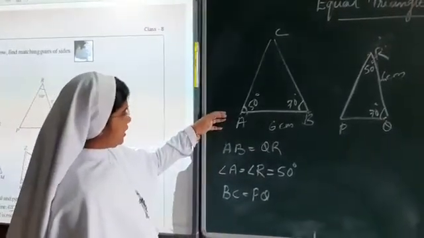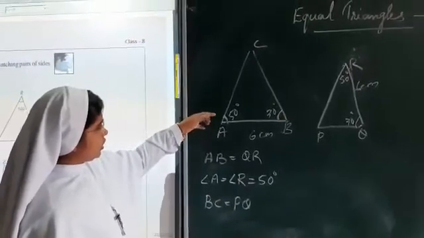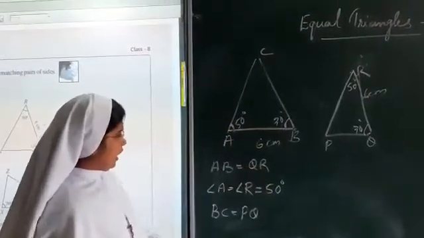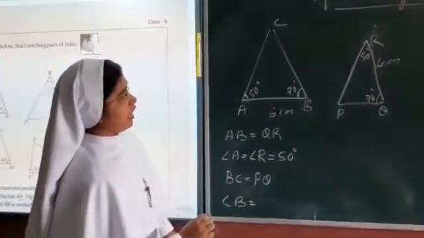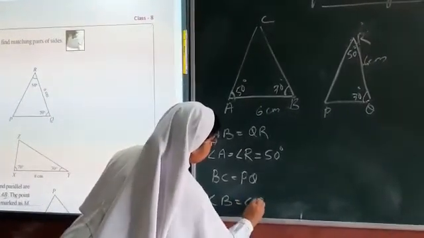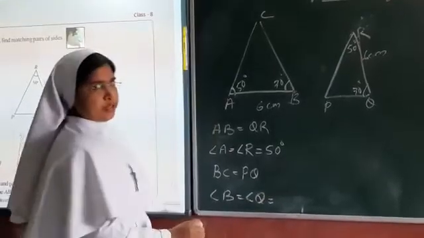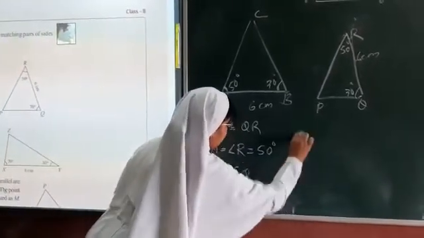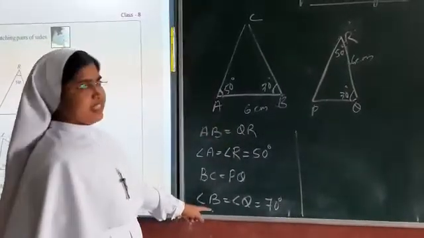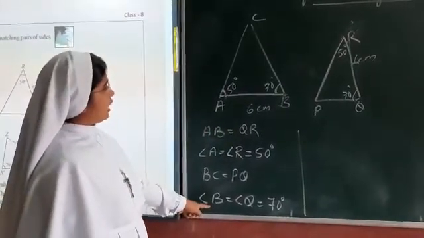Okay, now let us see which side we have not found. Angle B is equal to 70 degrees and angle Q is equal to 70 degrees. Now let us see which side is opposite to this particular angle.